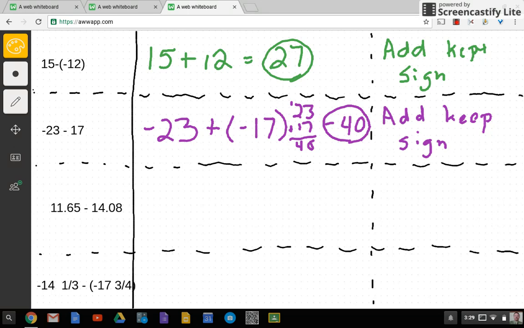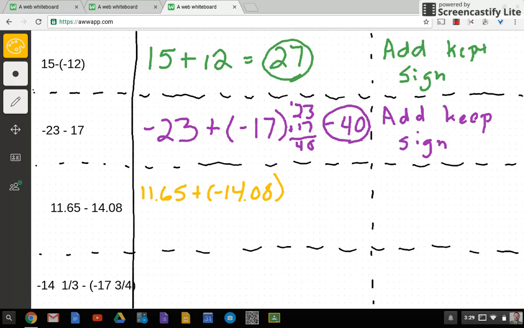11.65 minus 14.08. Okay, I'm going to keep my 11.65, change the subtraction to addition, and change the last number from a positive to a negative.